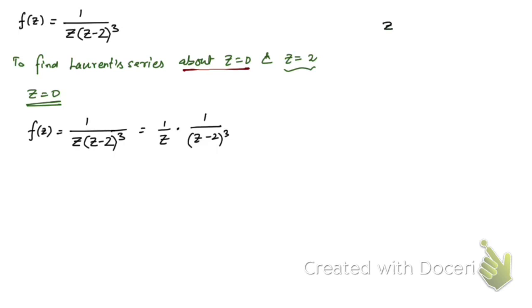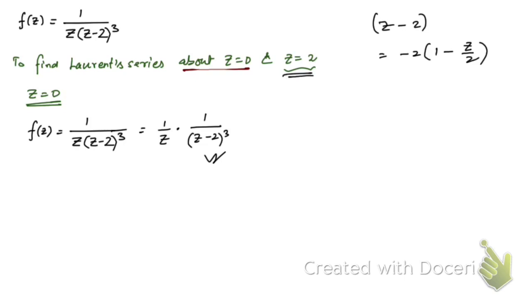Now you see z minus 2, we have to express this in terms of 1 minus x to the power minus n or plus n. So it may be 1 plus x or 1 minus x, and we're going to expand that. So for that, if you take minus 2 common from z minus 2, then it will be 1 minus z by 2.